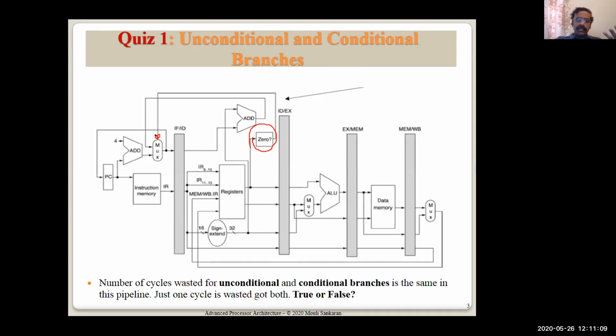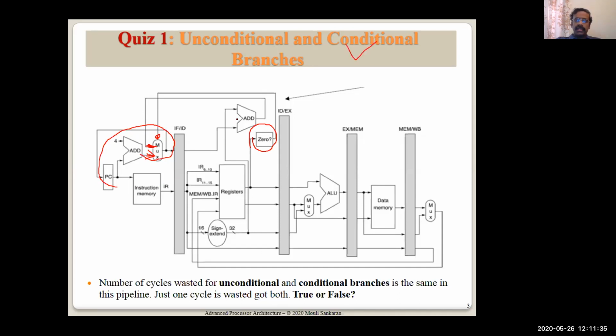Based on this input, either the value coming from here will be taken in, or it will be the same PC plus 4. If the condition is not true, if it is a conditional statement, it will take the PC plus 4 value and push it in, because it has to continue with the next sequential instruction.